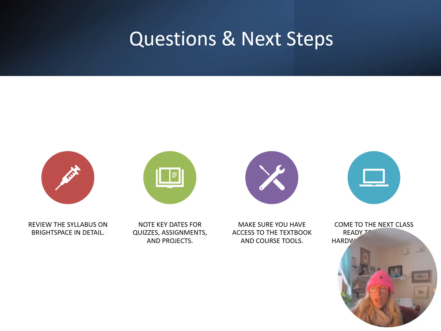I don't really have any dates on the syllabus, but I have them set up by modules. Make sure you have all your readings done, all of your assignments, and your quizzes when they're due. I will be posting the assignments and the due dates as well. And make sure you have your textbook because you're going to need it.